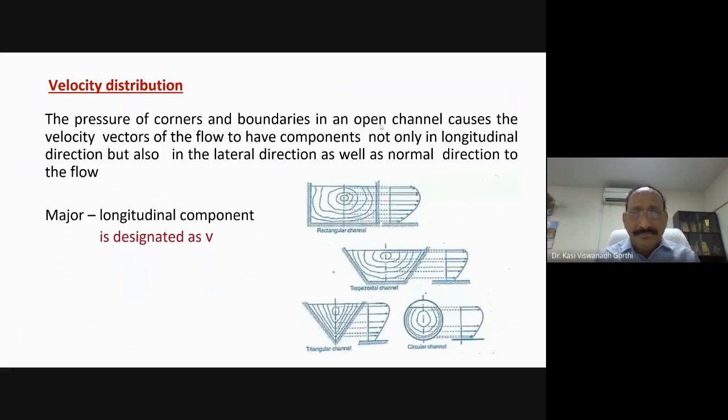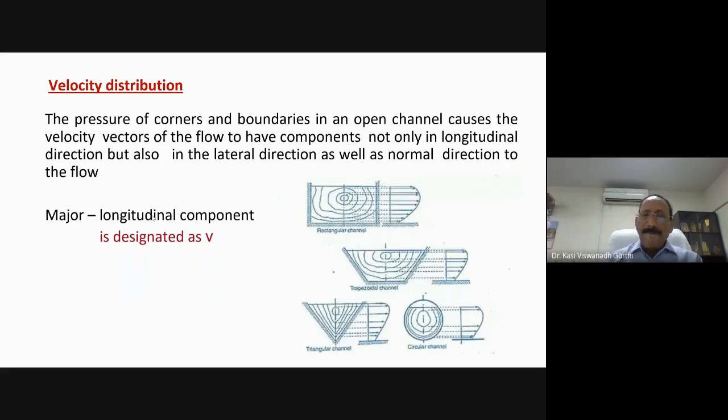However, the maximum variation of the velocity component will be only in the longitudinal direction, that is, along the length of the channel, as compared to the variation in the remaining two directions, normal and lateral.